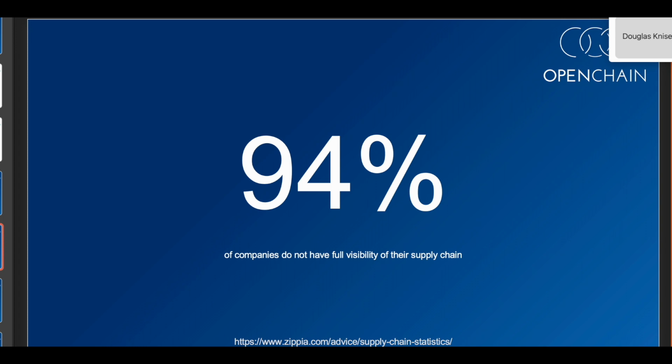Now, interestingly, data indicates that over 90% of companies don't actually have full visibility into their supply chain, which is a polite way of saying regardless of software bill of materials, companies have supply chains, stuff comes out of the supply chains, but no one really knows how.